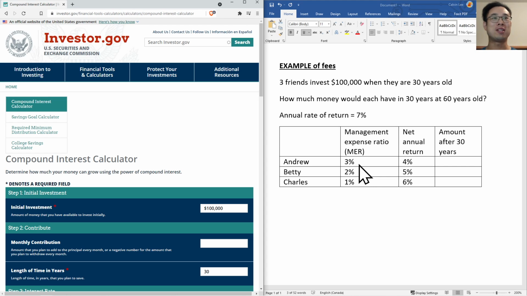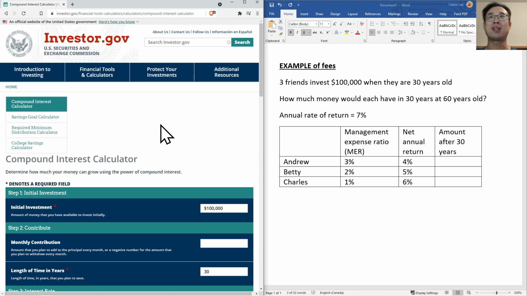The difference doesn't seem like a lot, just 1% between each one of these. But Andrew is going to have 7% minus 3% fees, which is 4%. Betty is going to have 7% return minus 2% fees, which is 5%. And Charles is going to have 7% return minus 1%, which gives him a net return of 6%.